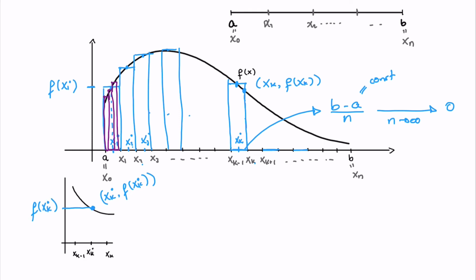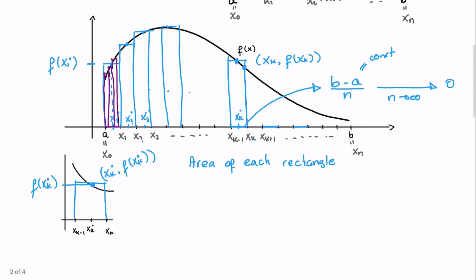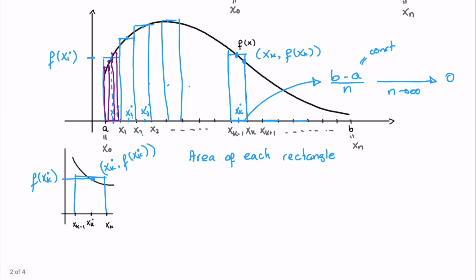So the value of that midpoint, and take the corresponding rectangle right there. So what's the area of each rectangle? The area of a rectangle, height, f of xk dot, times width.